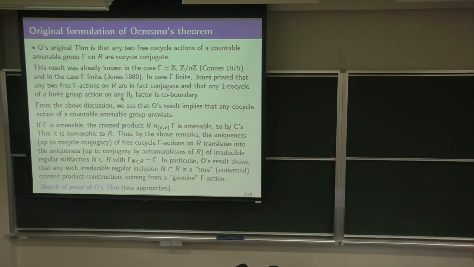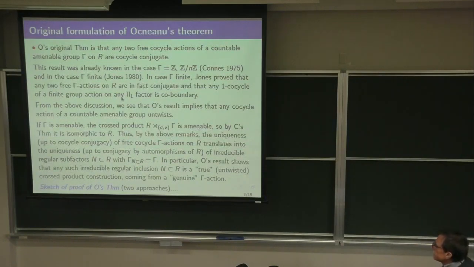So now, getting back to the initial formulation of why this implies the other: since Gamma is amenable, the crossed product of R with Gamma is, by Connes' theorem, isomorphic to R, so you are dealing with subfactors of R here.